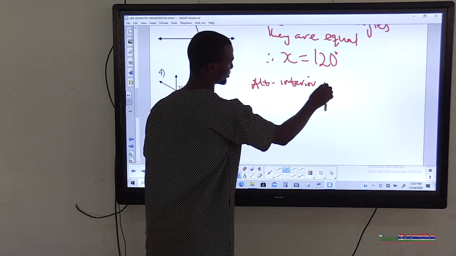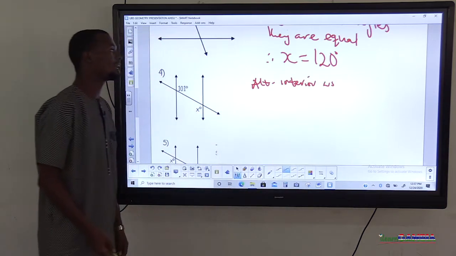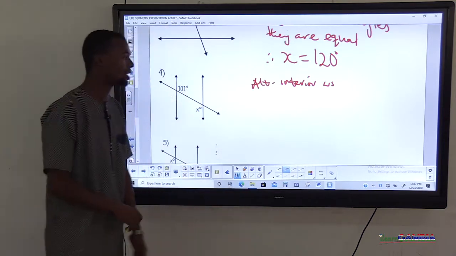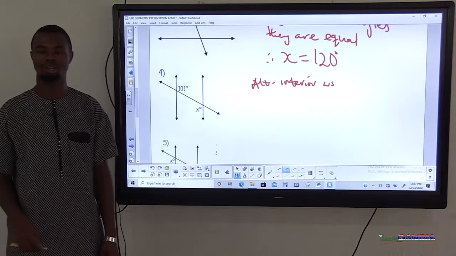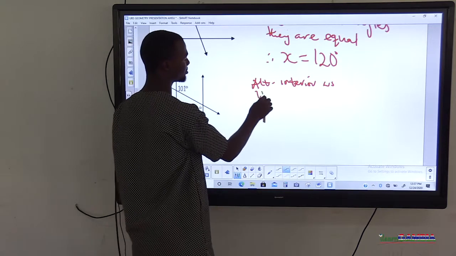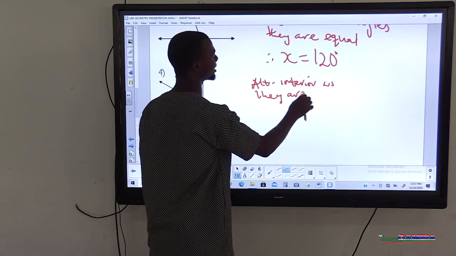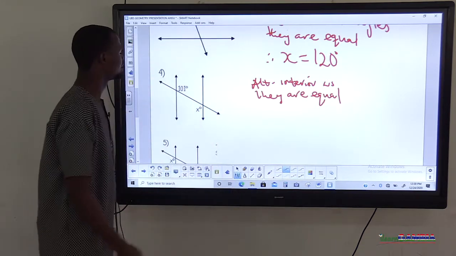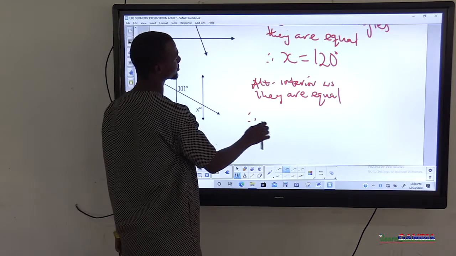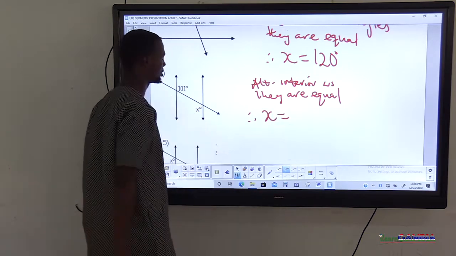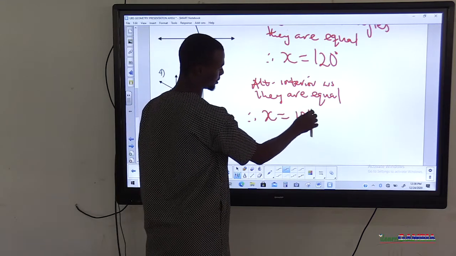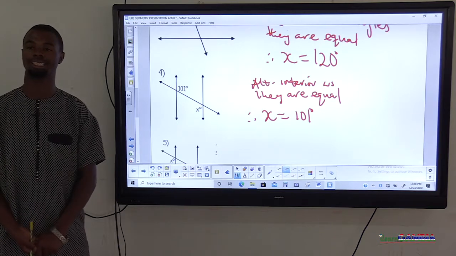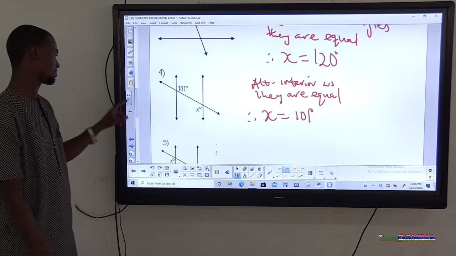Alternate interior angles are equal, like vertical angles. Therefore, x is equal to 101 degrees.